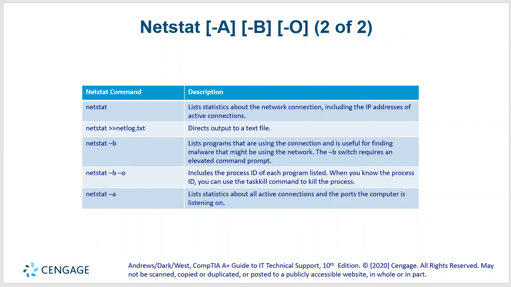You can get a process ID, and then you can taskkill that process, just in case one of those programs is actually malware using your network and, you know, keylogging everything that you're typing into your computer and sending that off to a remote user. You may want to kill that process. And finally, netstat lists all statistics about active connections and ports the computer is listening on.